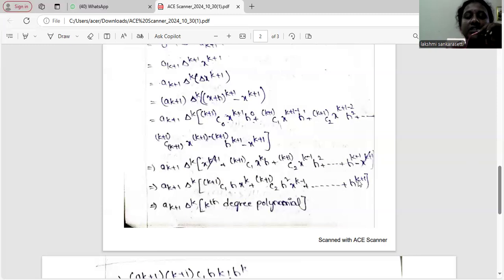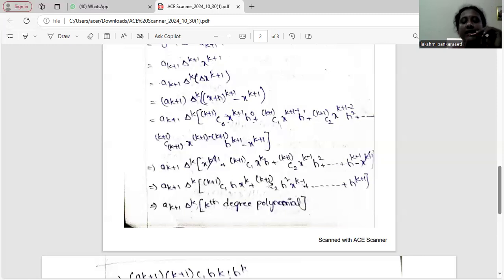From backside we treated as a naught plus a1 x plus and so on plus a n minus 1 into x power n minus 1, k minus 1 plus a k into x power k.